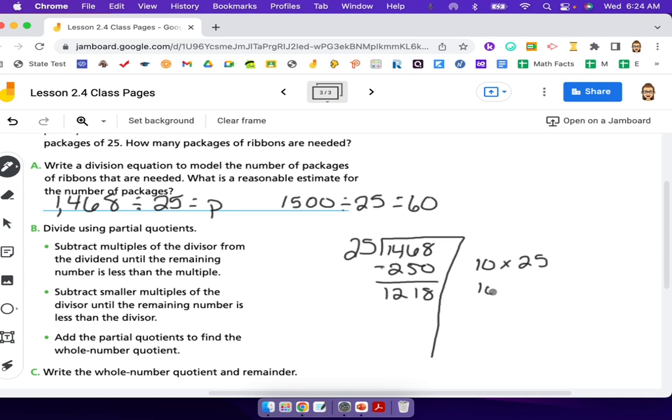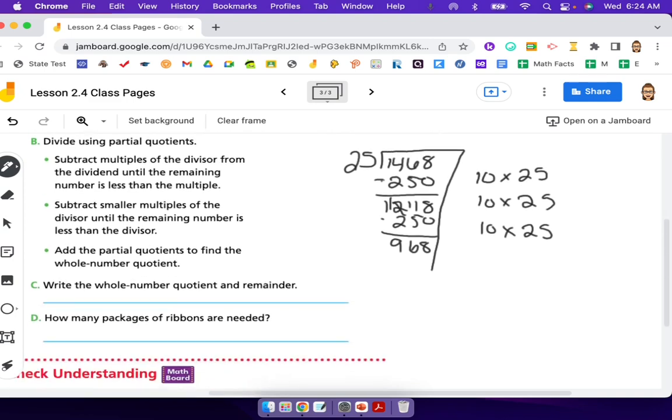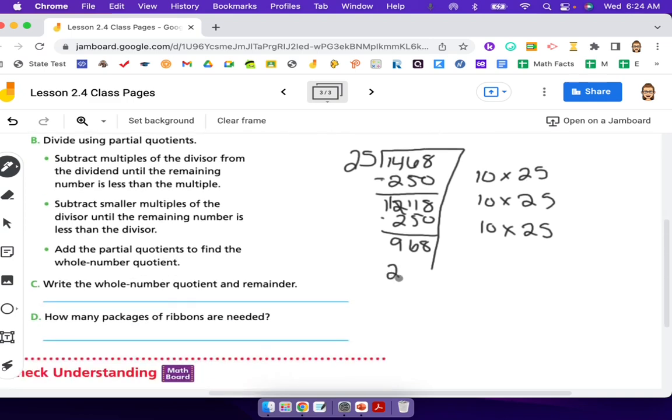We can do it again. Subtract. We can do it again. Do it again.